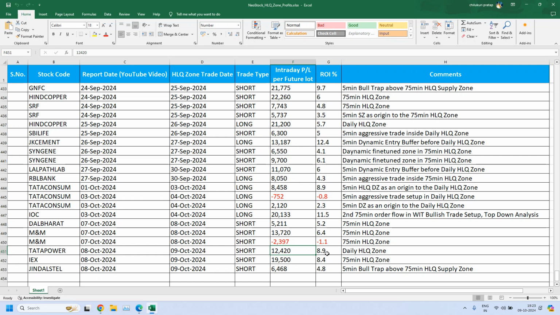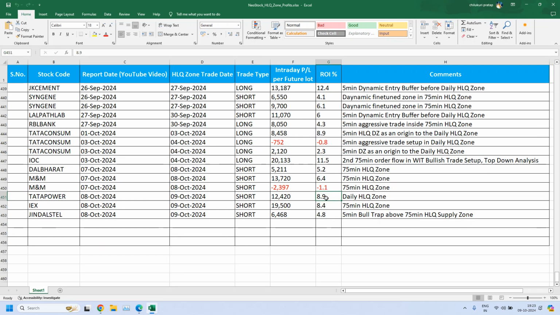Here, Tata Power has around 1,30,000 or 1,40,000 futures margin cost, but IEX is around 2,20,000. So that is the reason why ROI is slightly less, even though profit is more. Because your investment is more, you got more profit, but ROI is less compared to that.